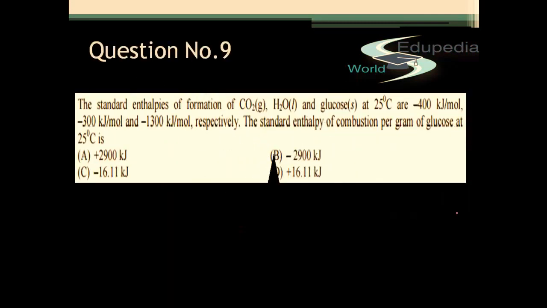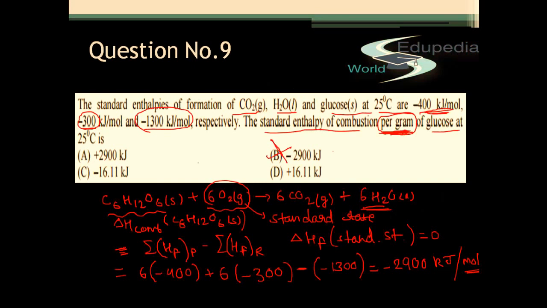Let's revisit the options, and we find that straight away what we have just calculated is in option C, that is minus 16.11 kilojoule, which is our correct answer for the question.